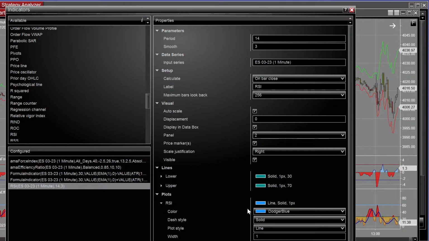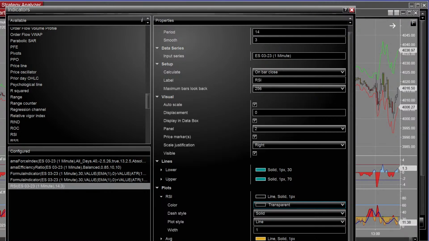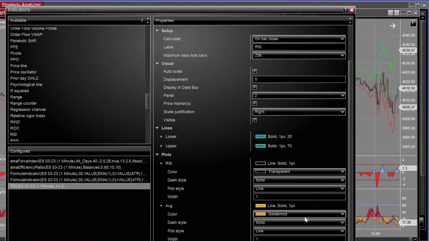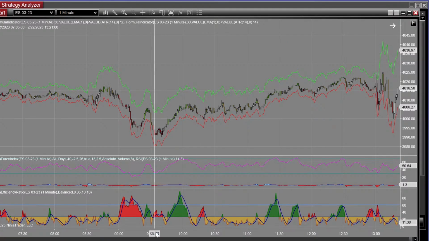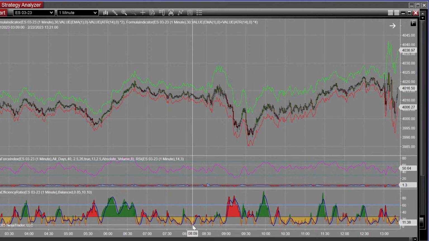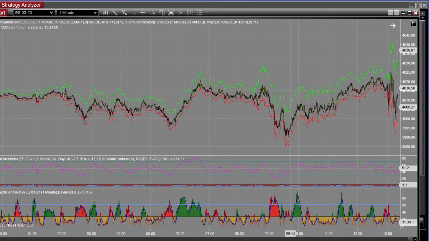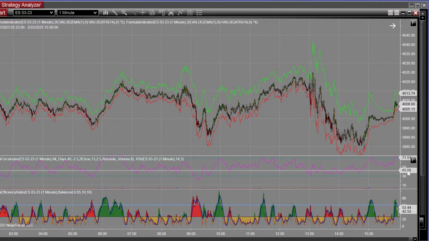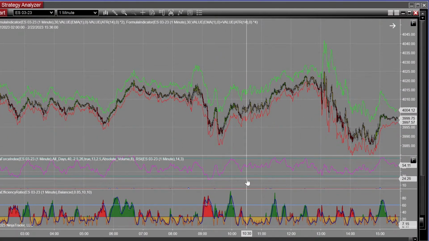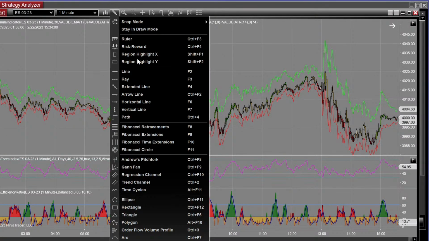And we're only using the average, so I'm gonna make the RSI transparent. It's gonna really make this easy to see.